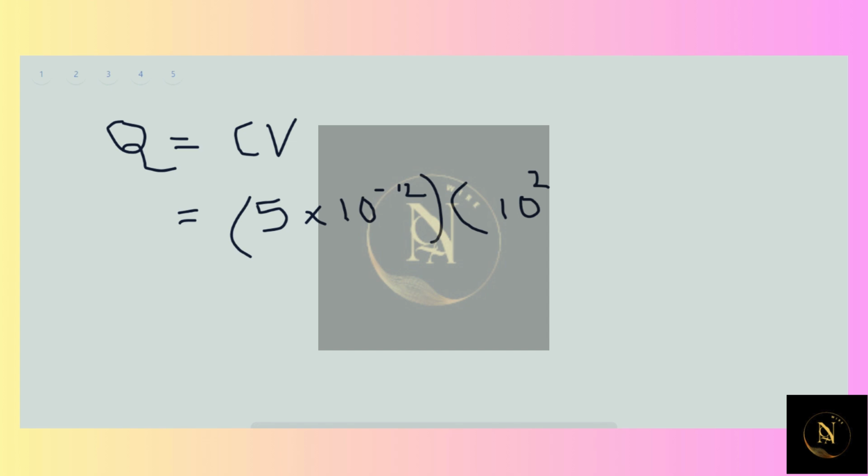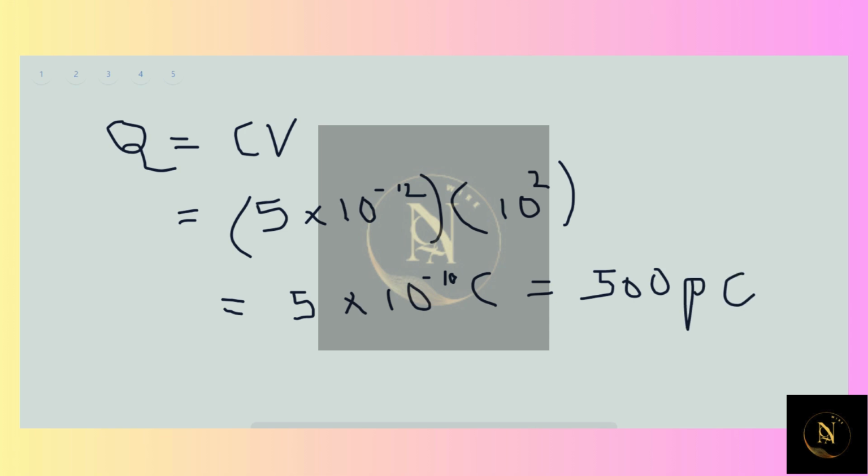The maximum charge the two plates can have is going to be 5 times 10 raised to negative 10 coulomb, or in other words, 500 picocoulomb. So we have found the charge on each plate, which is 500 picocoulomb.